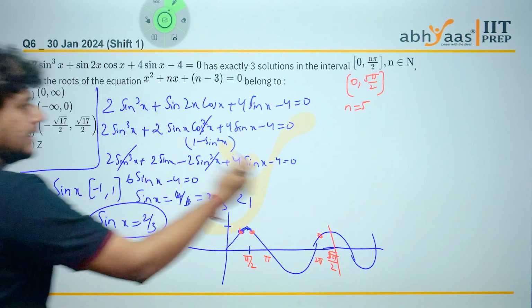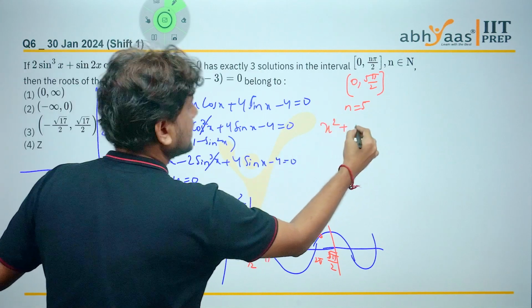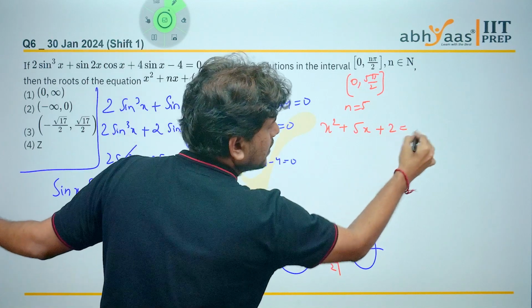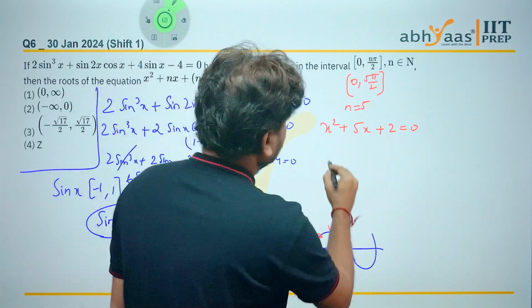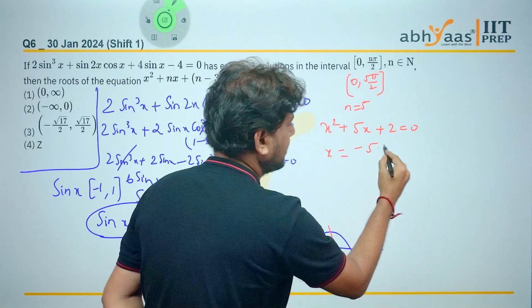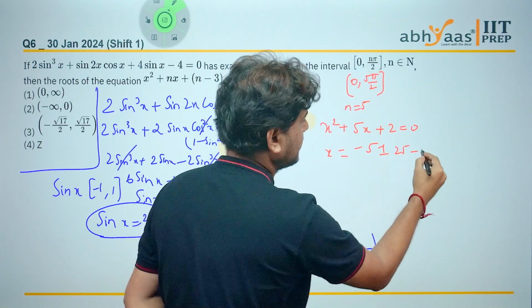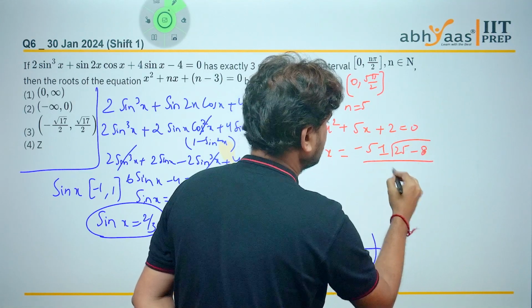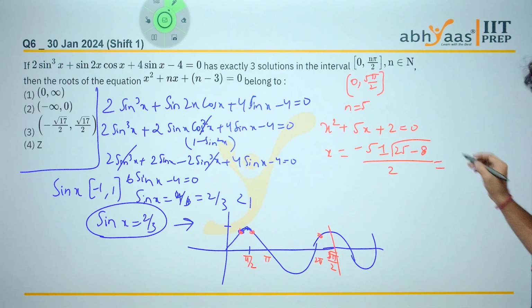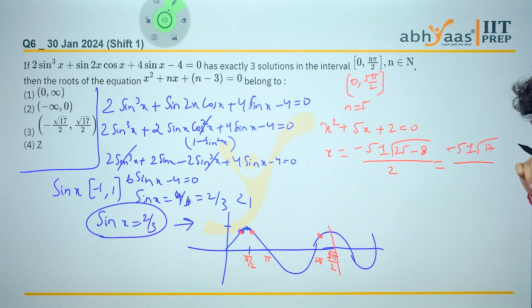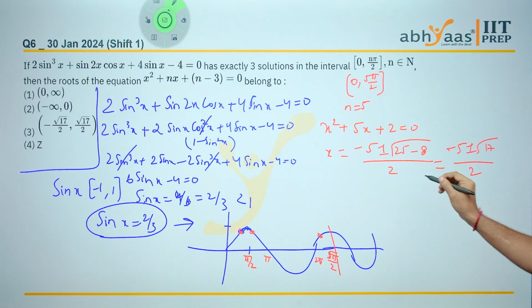Now substituting it here, we will get x square plus 5x plus 5 minus 3 2 equal to 0. x equals minus b plus or minus root b square minus 4ac by 2a. We are having minus 5 plus or minus root 17 by 2, 17 or 18, yeah, 17.